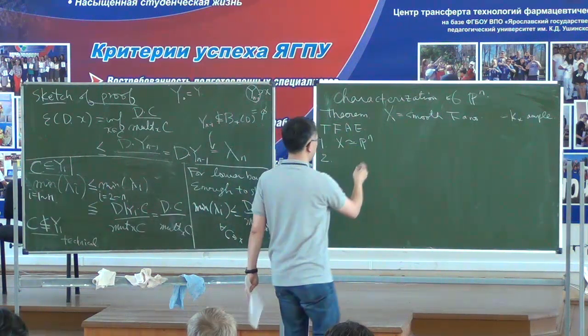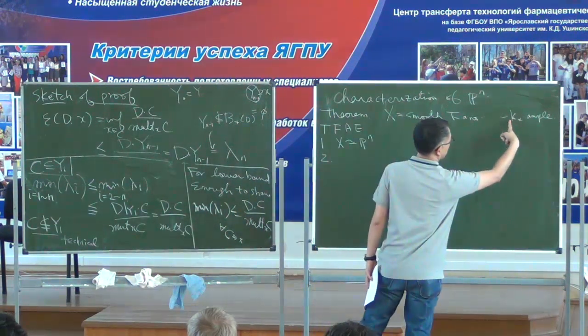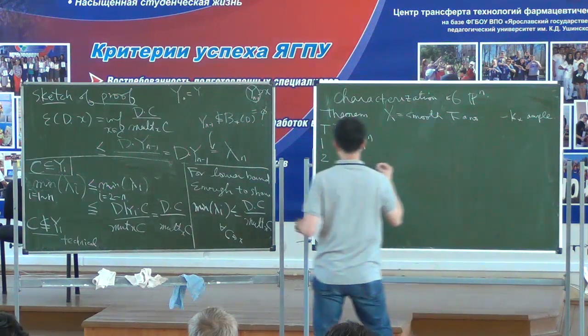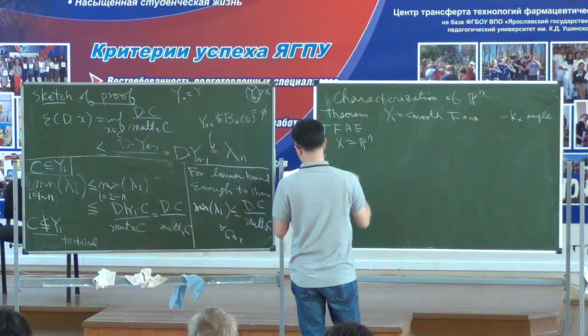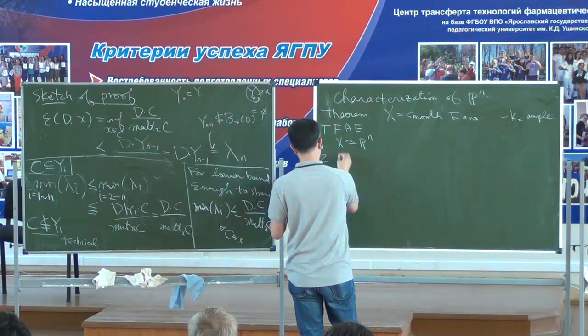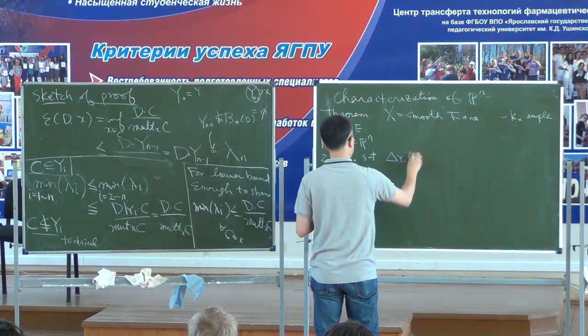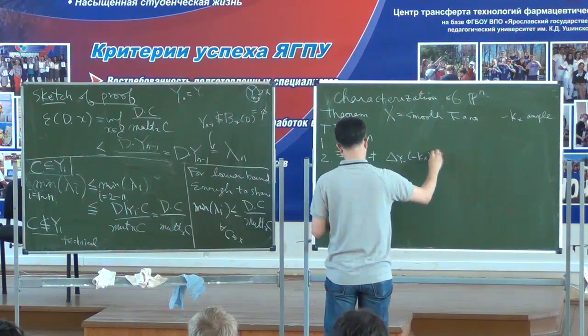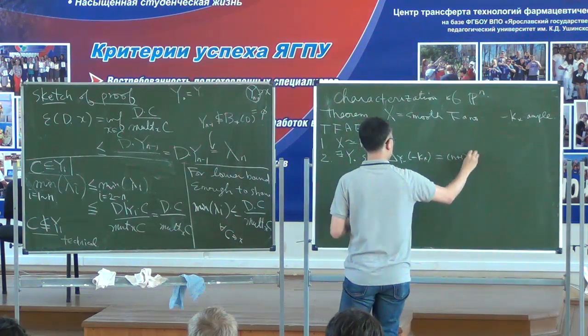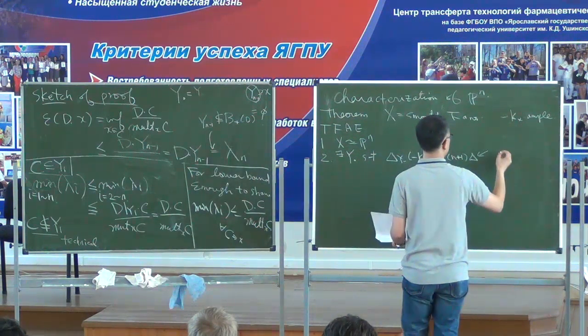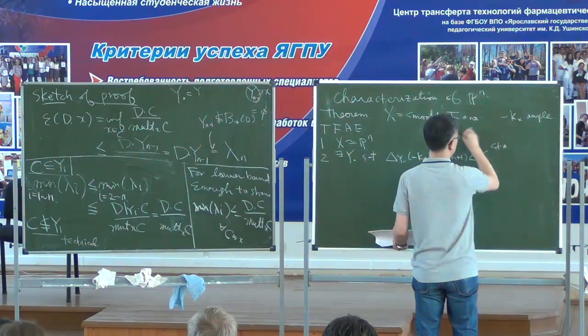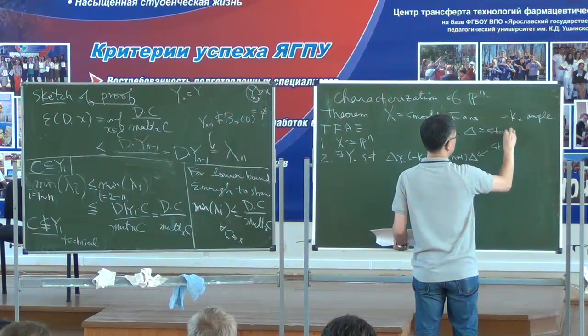Okay, so the Okounkov body of minus K_X is actually a simplex of some size. Here is Y1. This is standard, so this is the standard simplex.